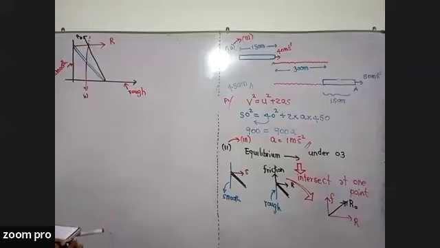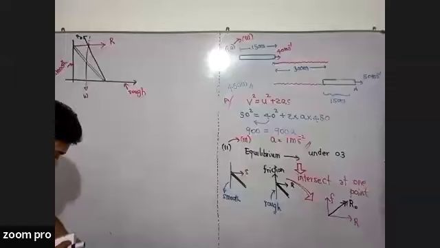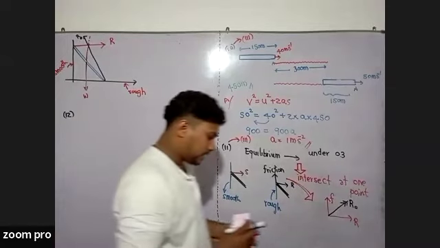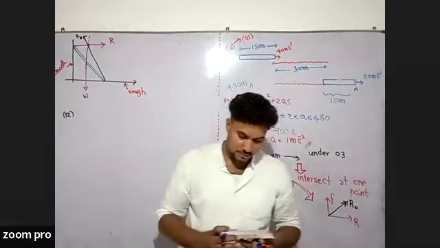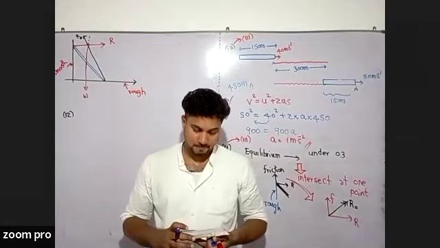Okay, let's move on to the 12th question. In the 12th question, 10 identical coins are placed on horizontal tables as shown in the diagram. Mass of each coin is m.